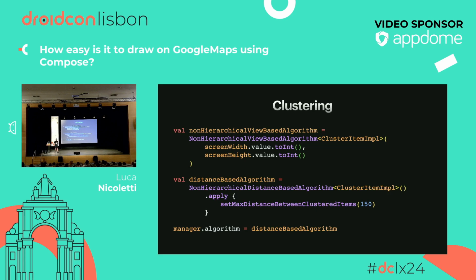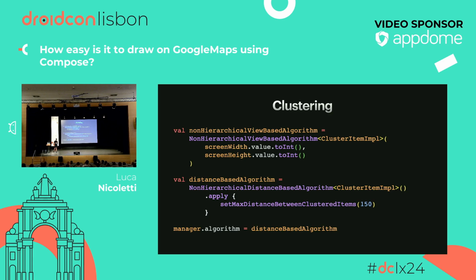But we can specify in the first one how close two markers need to be in order for them to be clustered together. The second one instead allows us to set a max distance between cluster items, which is in pixels, if I'm not wrong, and as soon as two markers are closer than that distance, they will be clustered together. This will take into consideration all the markers in the clustering, even those outside of the view.